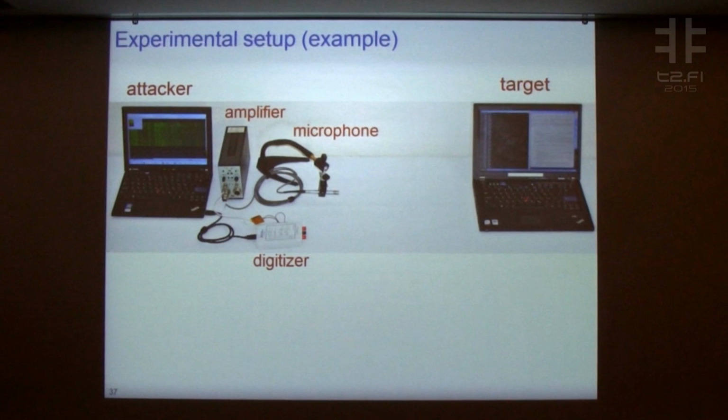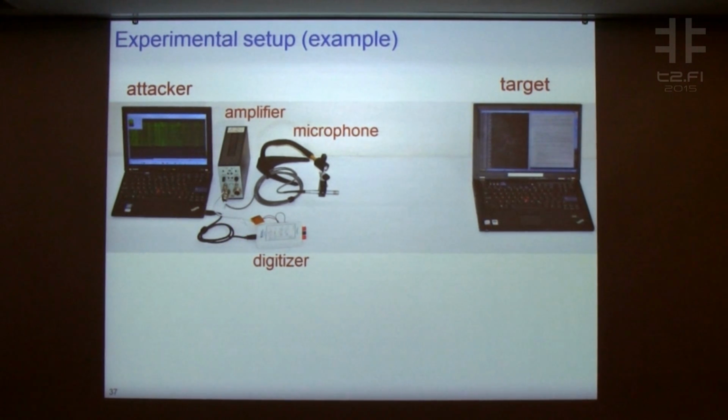So in order to demonstrate the acoustic channel to you, I brought some more equipment with me here today. Here it is on the left side, and once again, it's mirrored on the screen behind me. We have this target laptop, and in front of it we have this microphone. Then the signal is amplified and digitized using this digitizer, which is practically a fancy sound card.